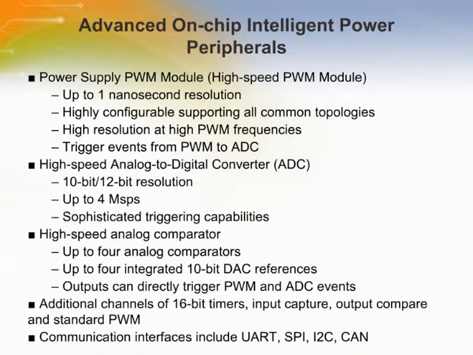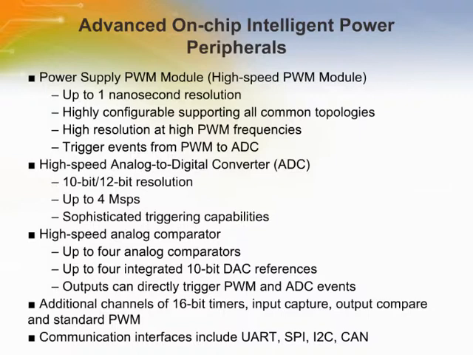Microchip 16-bit dsPIC DSCs provide on-chip peripherals specifically designed for high-performance, intelligent power supplies. The DSP engine can perform a single-cycle MAC with data saturation, zero overhead looping, and barrel shifting required to support fast control loop execution.